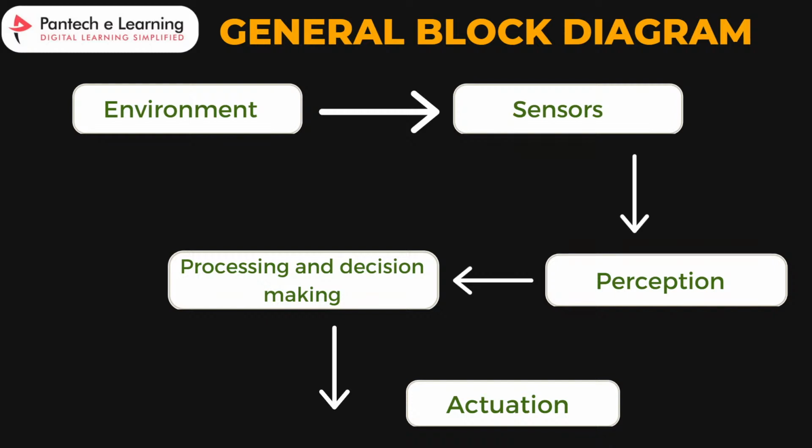Okay, so this is the simple block diagram. We know autonomous vehicles or automation systems have different levels of autonomy.